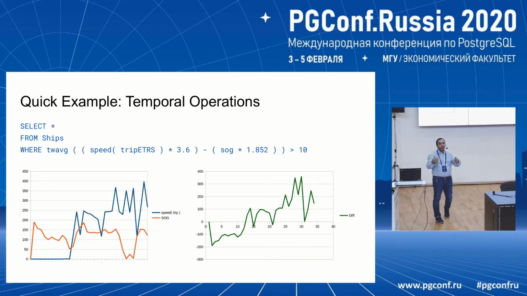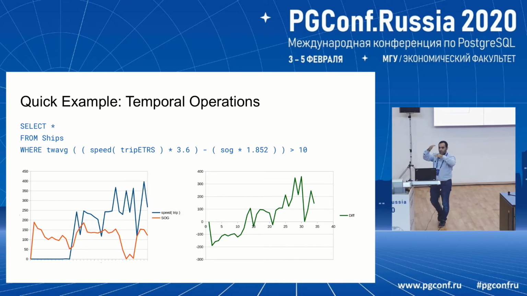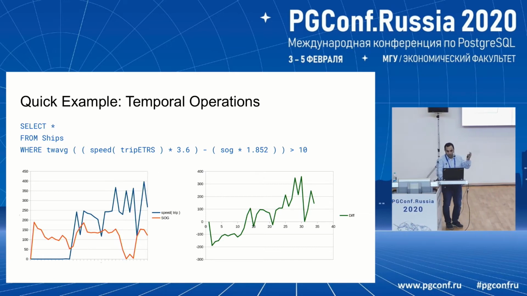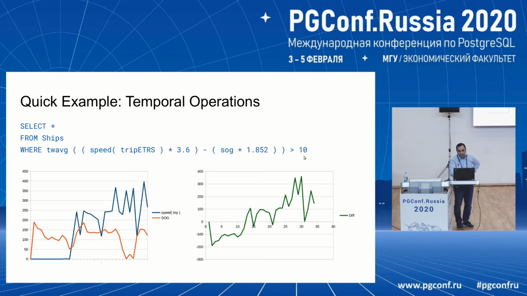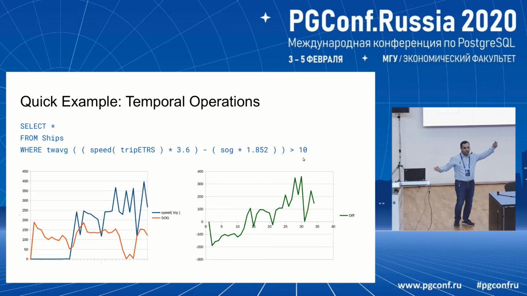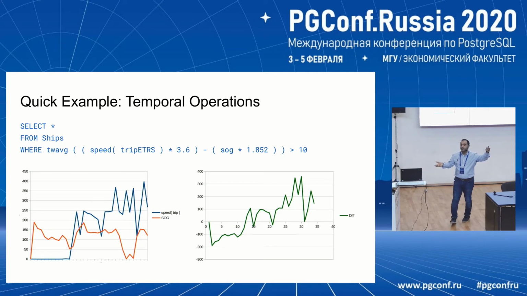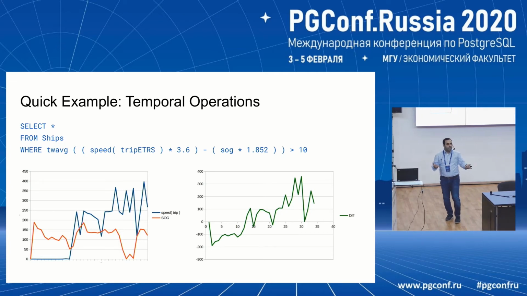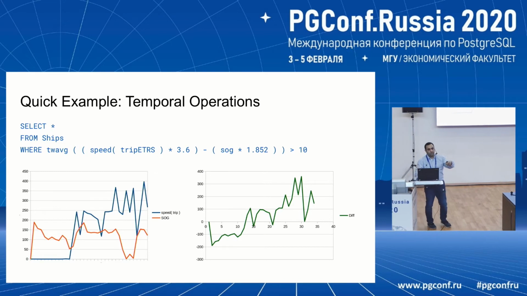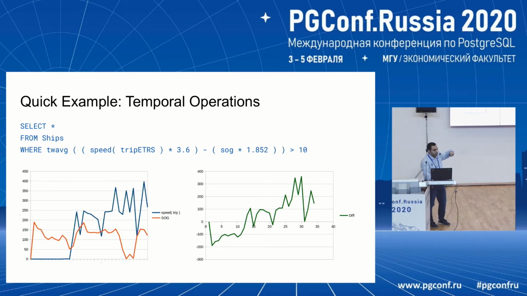So we do a time-weighted average. This is basically the average area under curve to end up with one number and compare it to 10. So we think that in this query, if there is a difference of an average of 10 in the speed, there is some error. And indeed, we did this and we found noise trips.